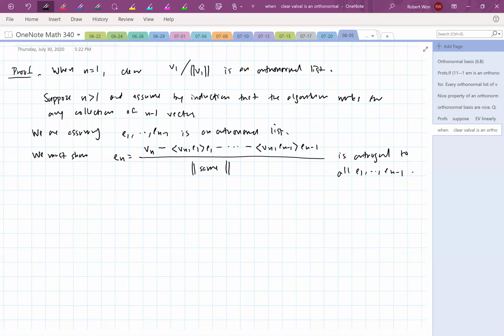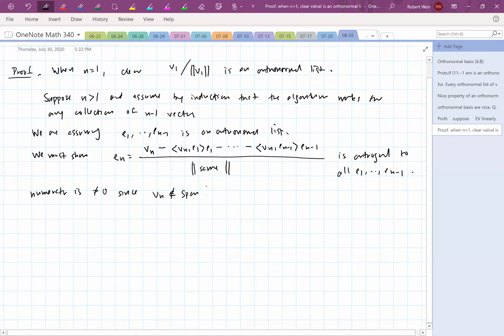But the numerator is definitely a non-zero vector, since vn was not in the span of v1 through vn minus 1. That's because I assumed that the list I started with was linearly independent.